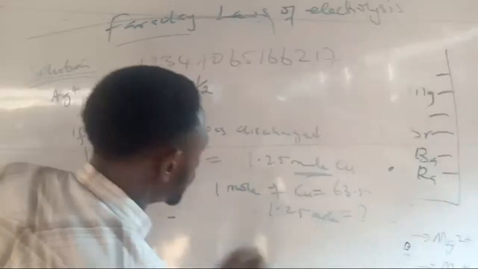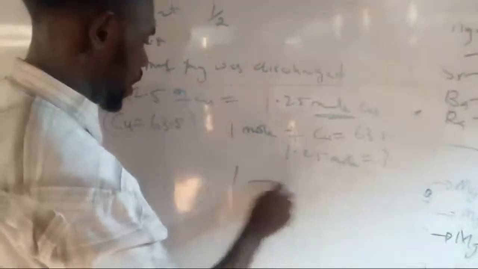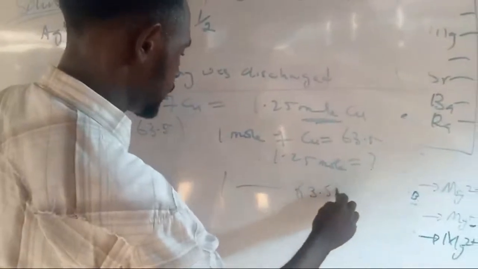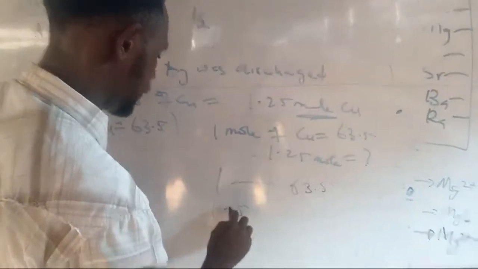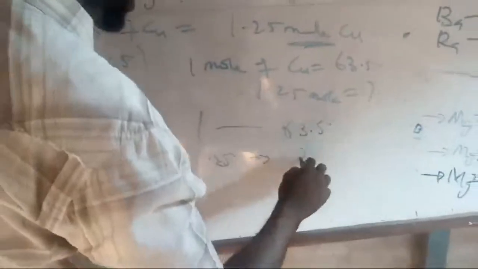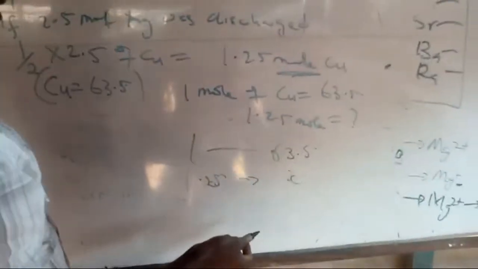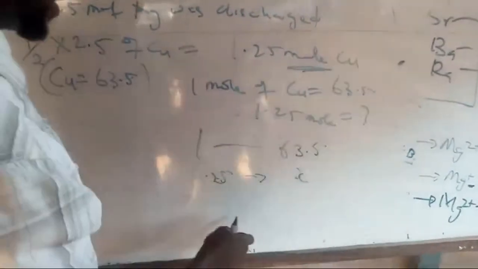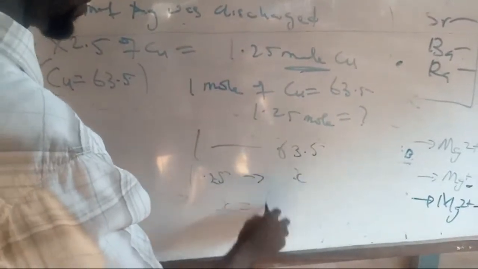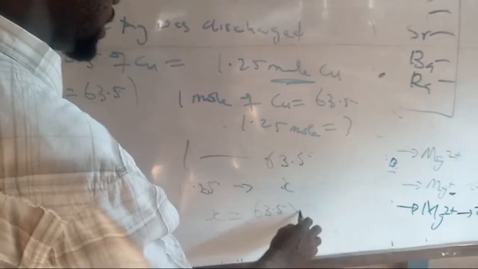Now do your normal cross multiply. So what do we have? We have that 1 mole is 63.5, and 1.25 moles is x. So x is equal to 63.5 times 1.25.